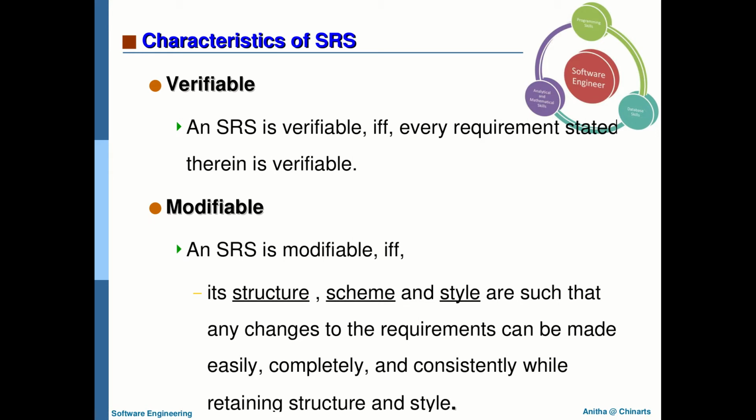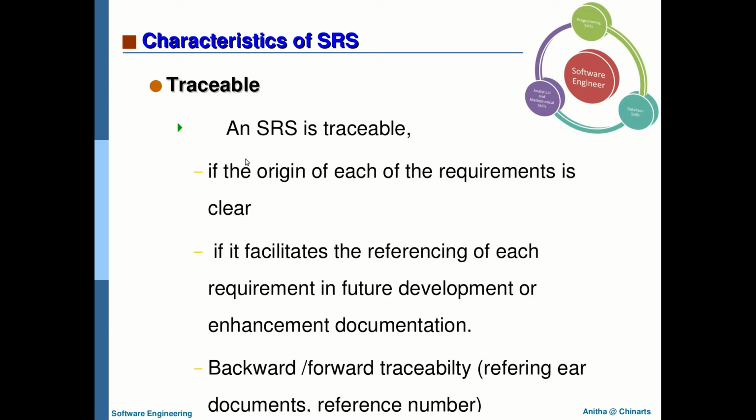An SRS is verifiable if and only if every requirement stated therein is verifiable. So if you specify a requirement, and that requirement can be verified and validated, then you can say it is verifiable. Another one, an SRS is modifiable if and only if the structure, scheme, and style are such that any changes to the requirements can be made easily, completely and consistently while retaining the structure and style. Then it is called modifiable. And the next characteristic is traceable.